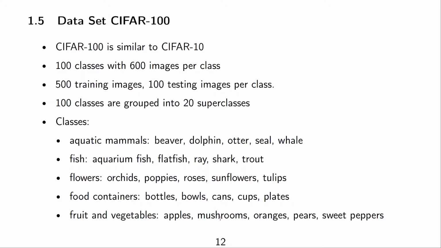There are 500 training images and 100 testing images per class, and the 100 classes are grouped into 20 superclasses. So one superclass, for example, is aquatic mammals that have beaver, dolphin, otter, seal, and whale, and another superclass, fruit and vegetables, has apples, mushrooms, oranges, pears, and sweet peppers.